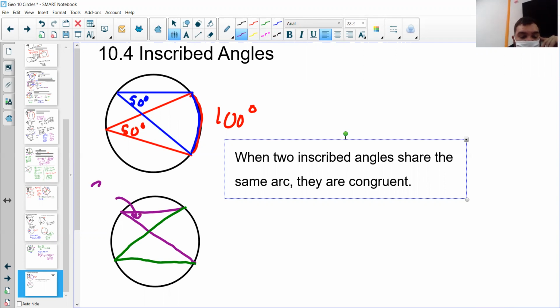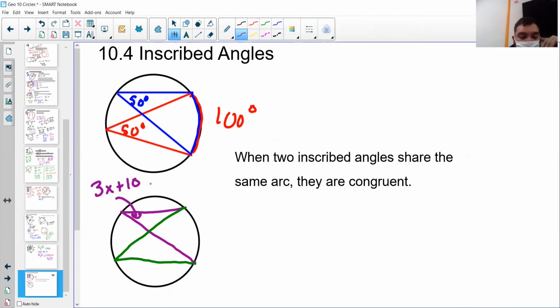This purple angle is going to be 3x plus 10. And this green angle is going to be 2x plus 12. Okay.